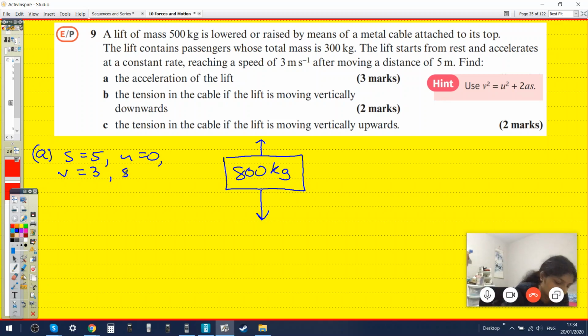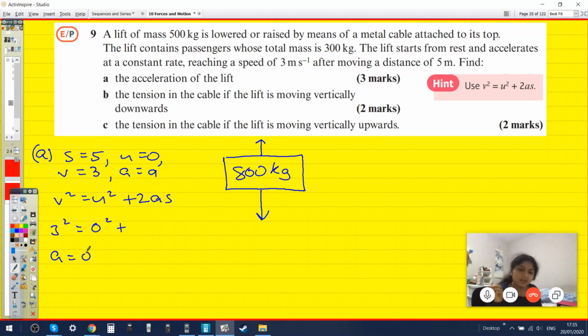So V squared equals U squared plus 2AS. A is equal to 0.9 meters per second squared. Sorry, meters over second squared. Sure.